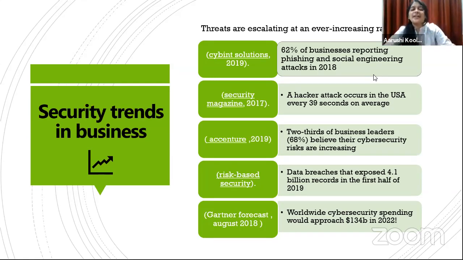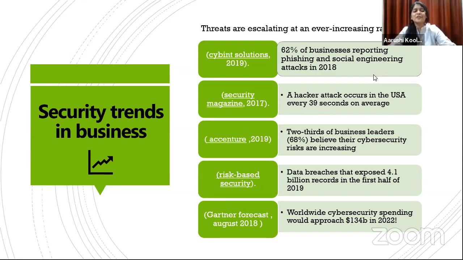As a result of all these data breaches, 4.1 billion records were exposed in the first half of 2019. In just 6 months, 4.1 billion records were exposed through data breaches. And this is no new thing.